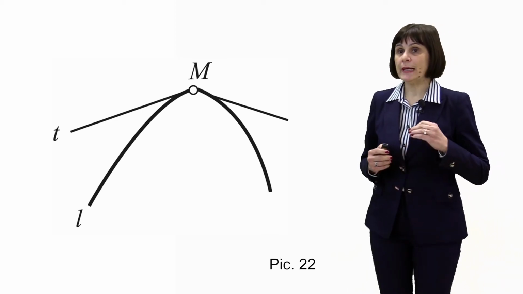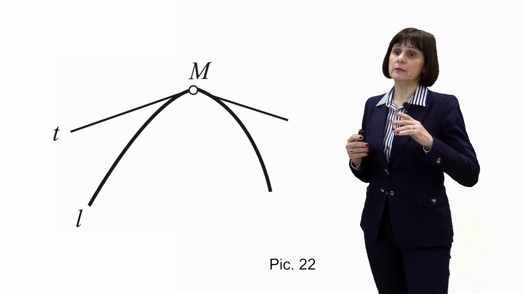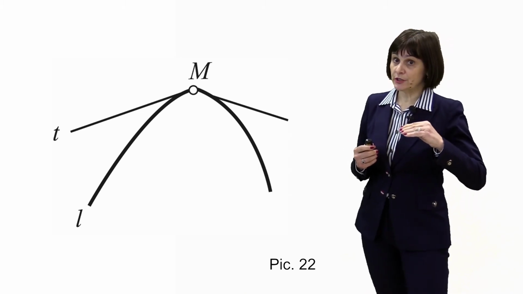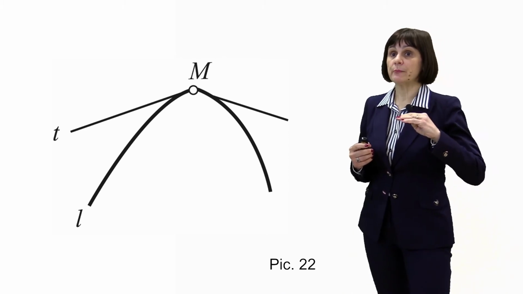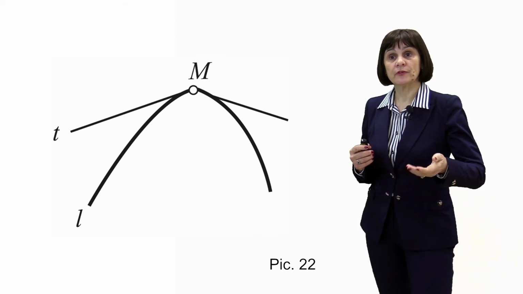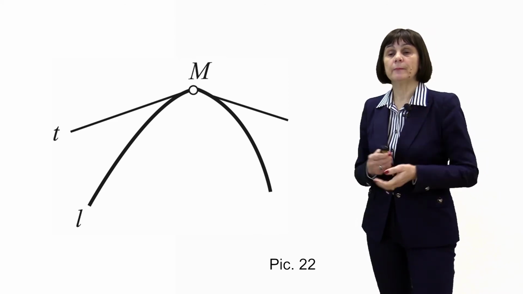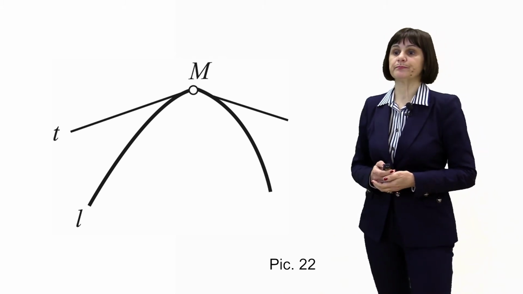So if you place a point on a curved line on one projection and our point belongs to this curved line, it means that it will be placed on the same curved line on another projection.